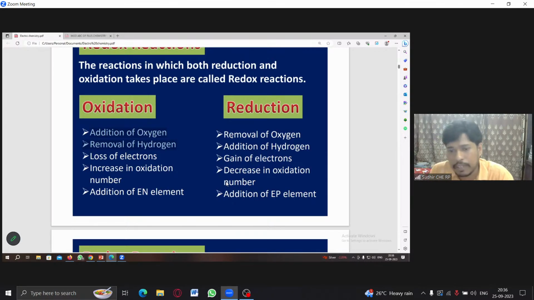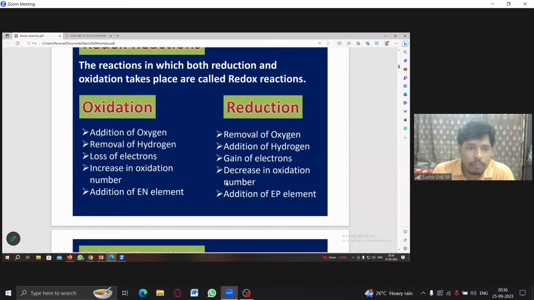But when it comes to this chapter especially, or the general redox reactions also, every definition is very important, and especially in electrochemistry all these definitions are very important.